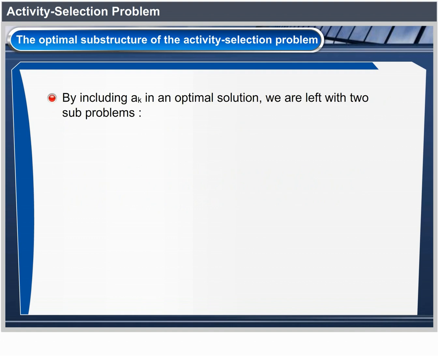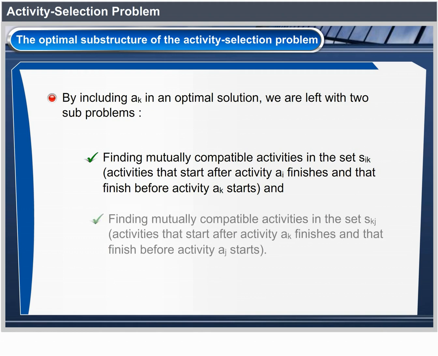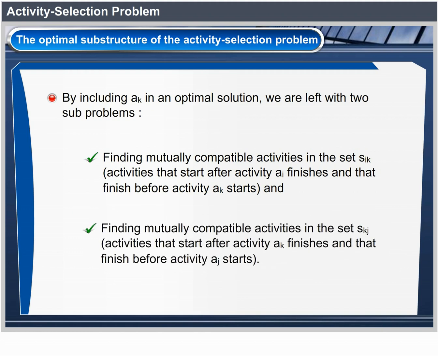By including Ak in an optimal solution, we are left with two subproblems: finding mutually compatible activities in the set Sik, activities that start after activity Ai finishes and that finish before activity Ak starts, and finding mutually compatible activities in the set Skj, activities that start after activity Ak finishes and that finish before activity Aj starts.